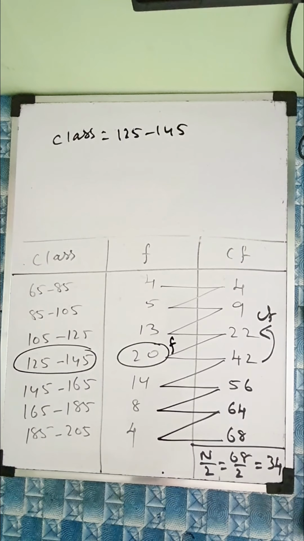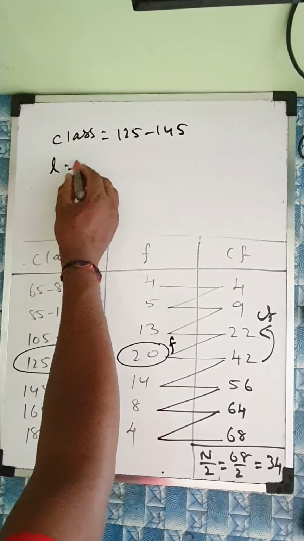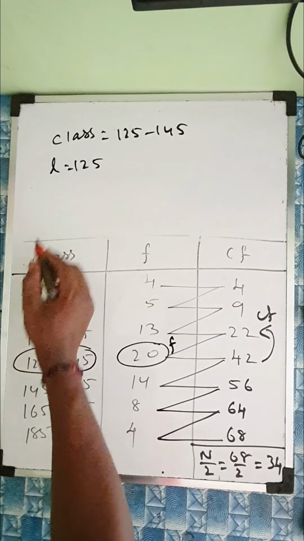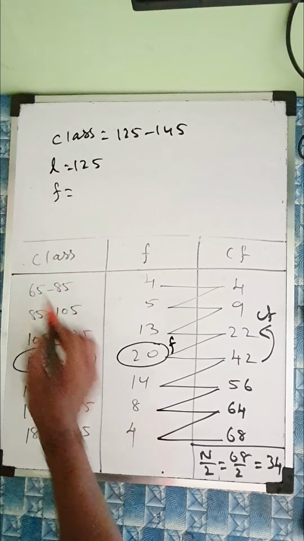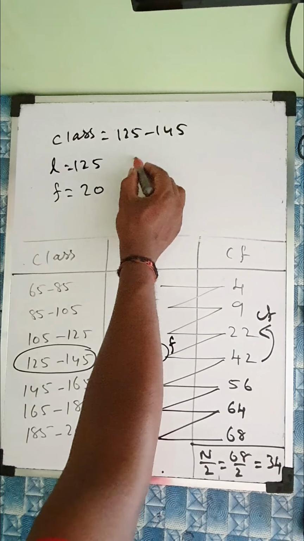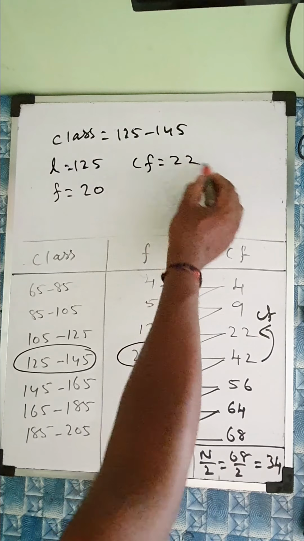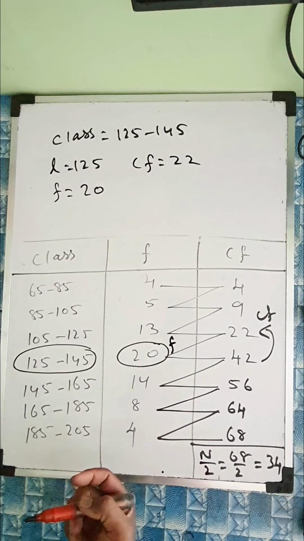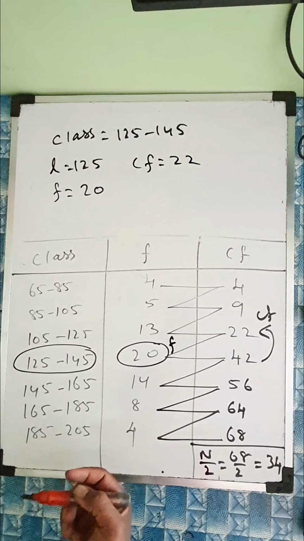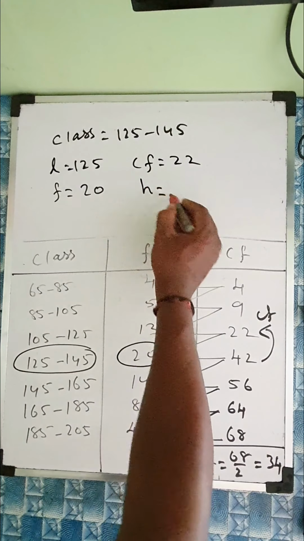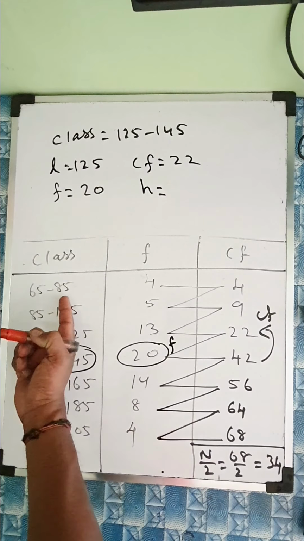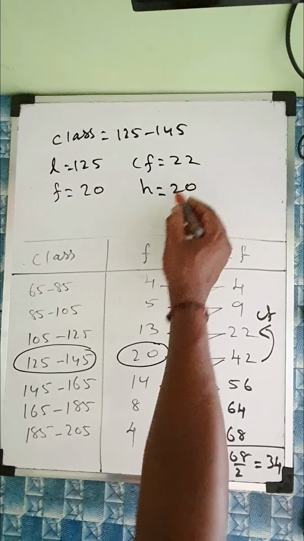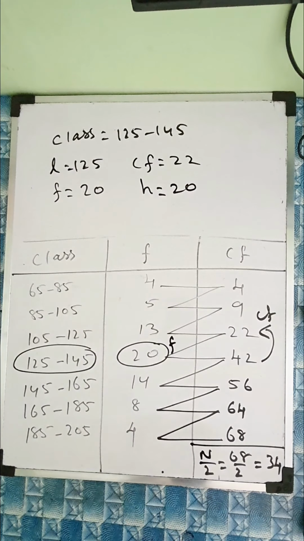L is 125, the first one, frequency is 20, and CF is 22, the one before. And H is the class size, the difference 85 minus 65 is 20, so H is 20. So now we'll apply the formula.